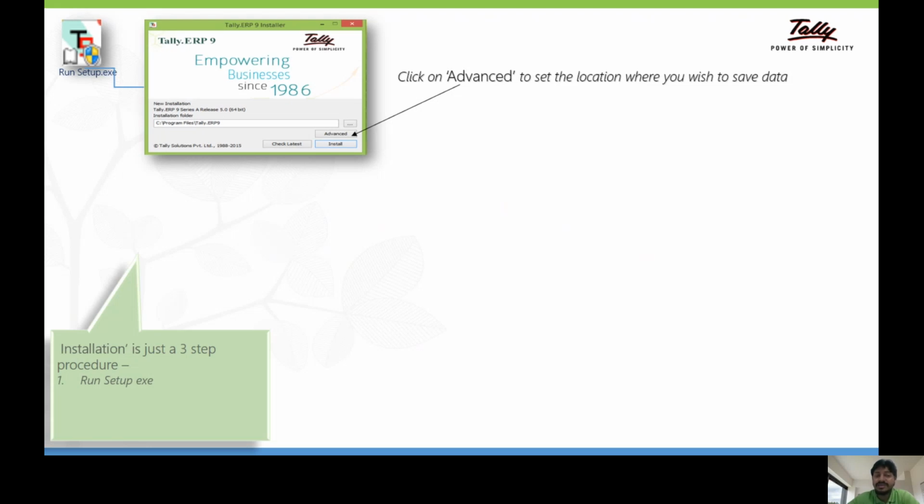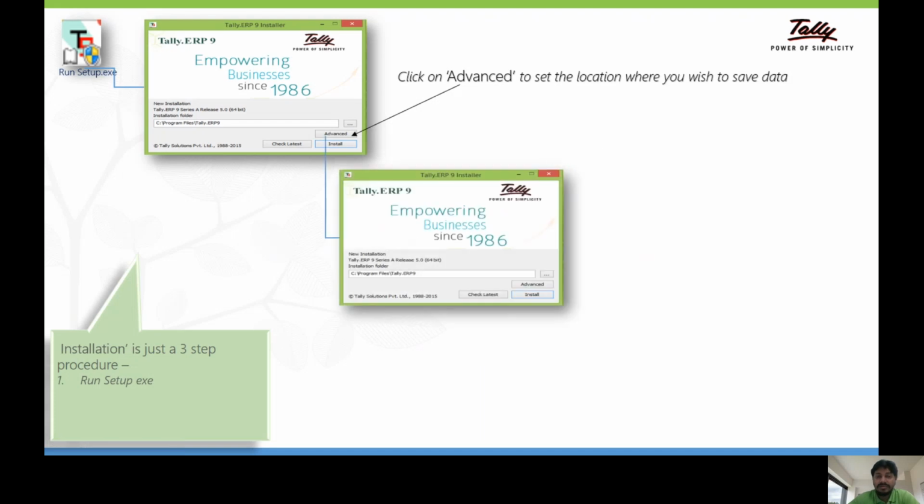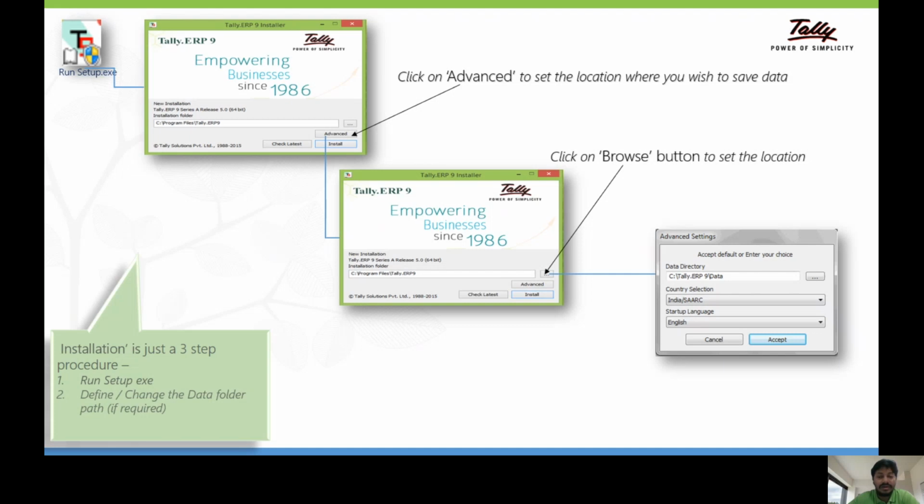But if you want to make changes, you can click the three dot. Once you click on this, you can browse. You can provide the path, new folder path and all. So you can see this three dot where you can browse and you can set the location. After that, you can click on install.